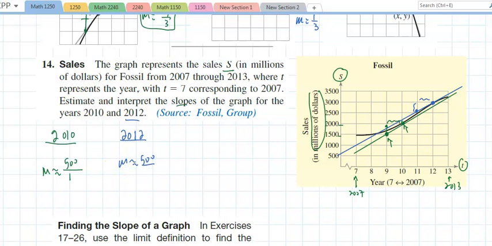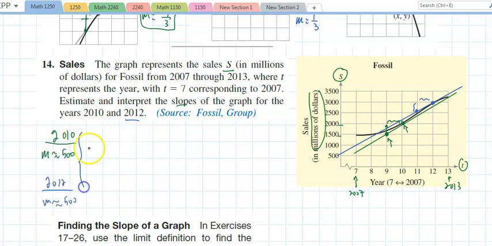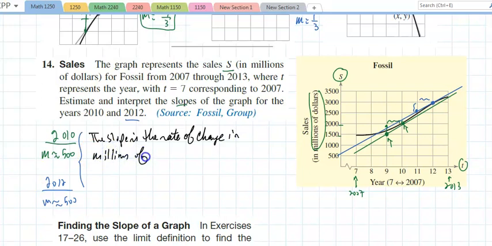So what does that mean? The slope is the rate of change in millions of dollars of sale per year.